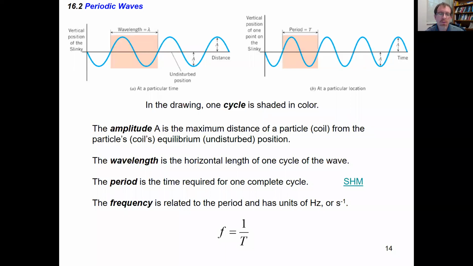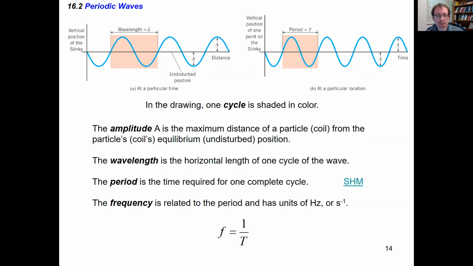Hi. So in the last video we discussed some of the vocabulary surrounding waves, specifically periodic waves. We defined the amplitude of the wave to be the maximum displacement of any individual piece of our medium.